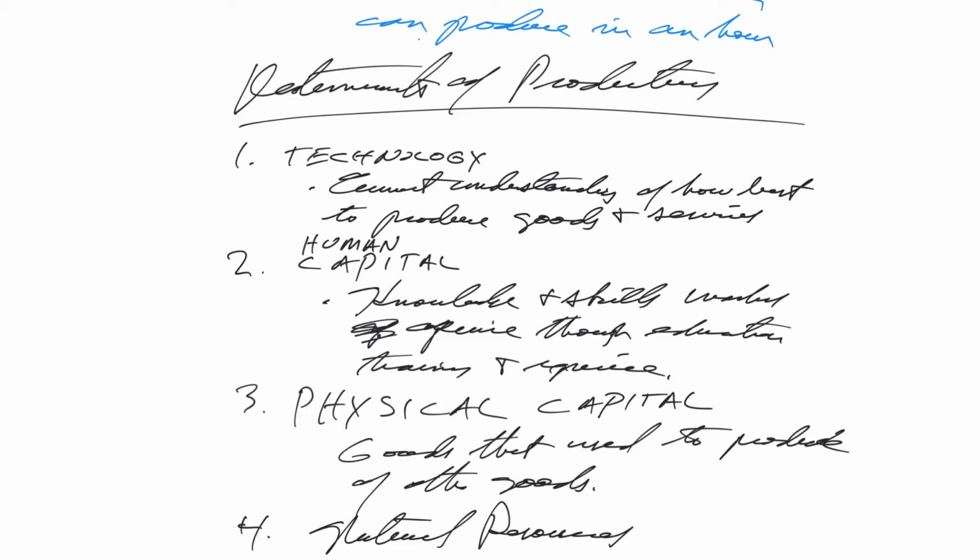Now, there's an upside and a downside to productivity. In the long term, the upside is a higher standard of living. In the short term, there is a downside, and we already alluded to that.